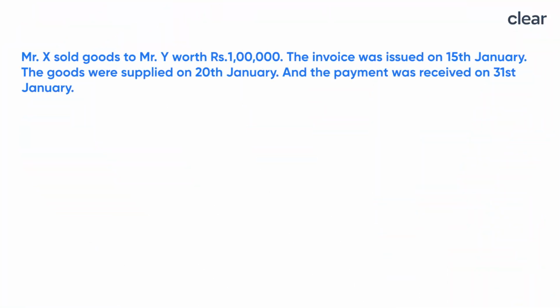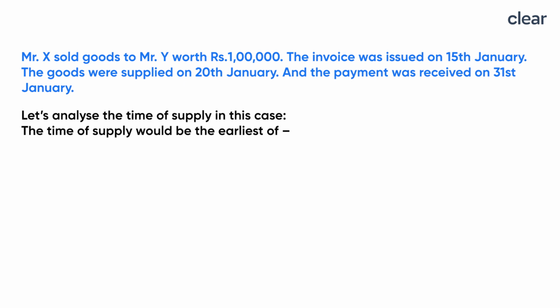So now let's understand time of supply of goods with the help of an example. Mr. X sold goods to Mr. Y worth 1 lakh. The invoice was issued on 15th January. The goods were supplied on 20th January and the payment was received on 31st January. Let's analyze the time of supply in this case. The time of supply would be earliest of number 1, date of issue of invoice, that is 15th January.